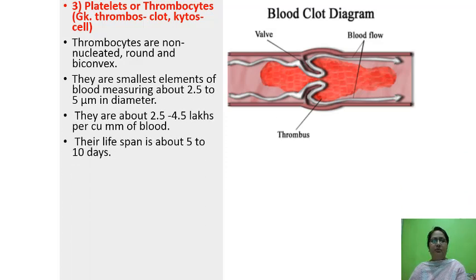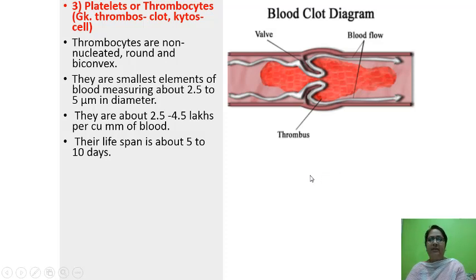Thrombocytes are non-nucleated, rounded and biconvex cells. They are the smallest elements of the blood, measuring about 2.5 to 5 micrometer in diameter. They number about 2.5 to 4.5 lakhs per cubic mm of blood. The lifespan is 5 to 10 days.